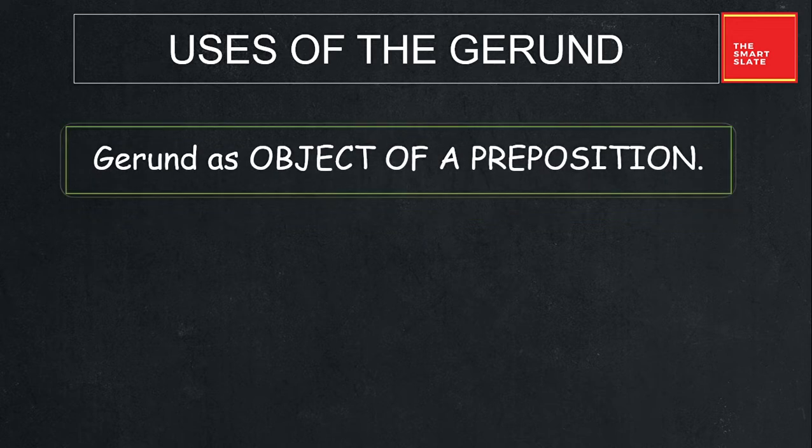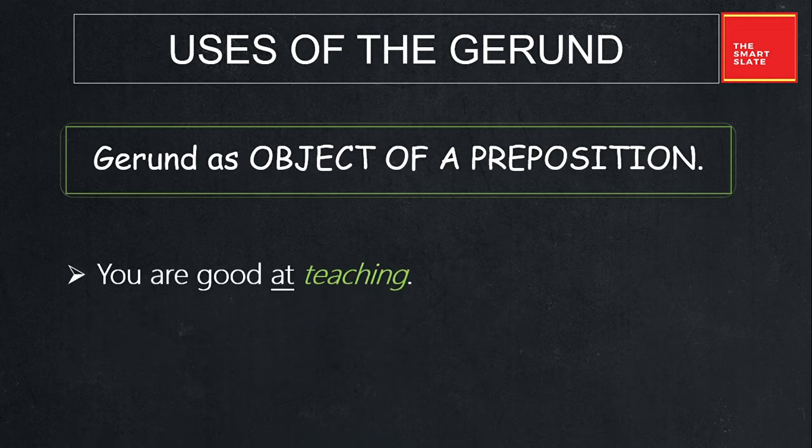Next case is gerund as object of a preposition. Looking at the case, you can easily understand that there is a need for a preposition, and both these things will be present in the object. You are good at teaching. You are good at something. So teaching is the gerund, teach plus ing. But you are good at what?